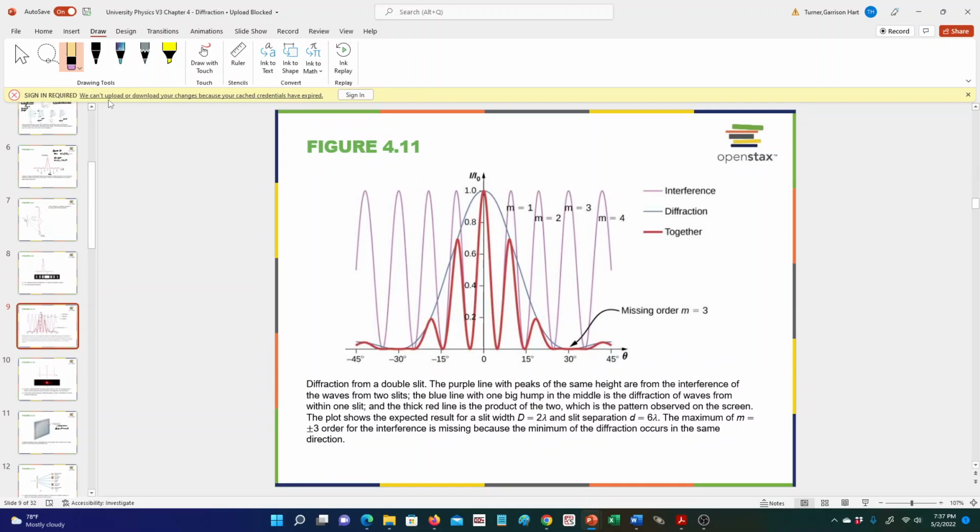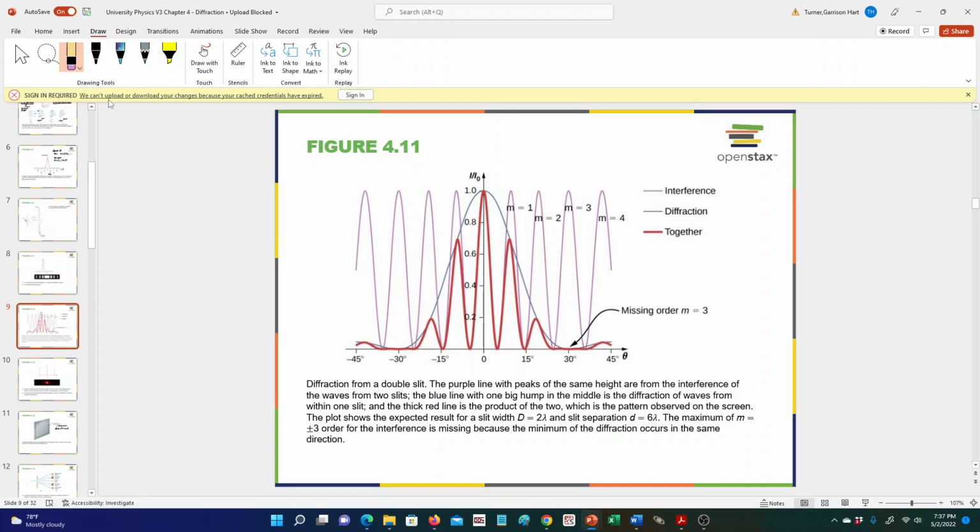When you superimpose the two, you get a maximum central peak with near unity intensity, and then that dies off on either side such that what would be the maxima on either side of the central maximum for interference get cut off by the envelope of the diffraction pattern.